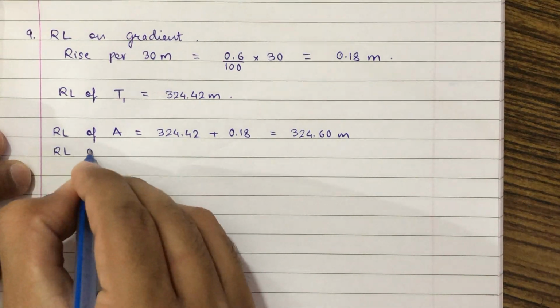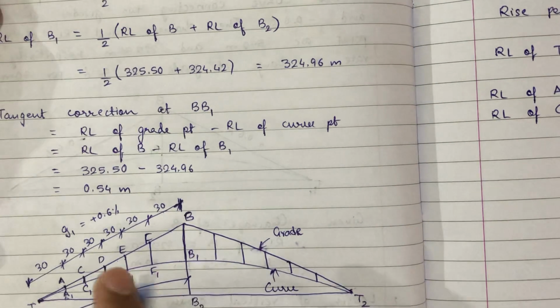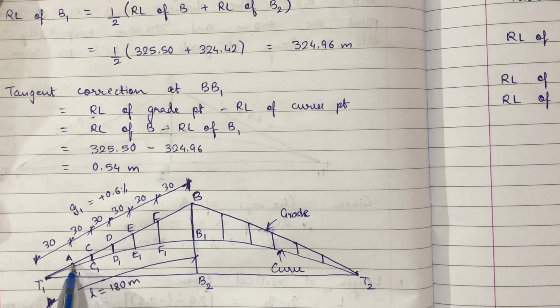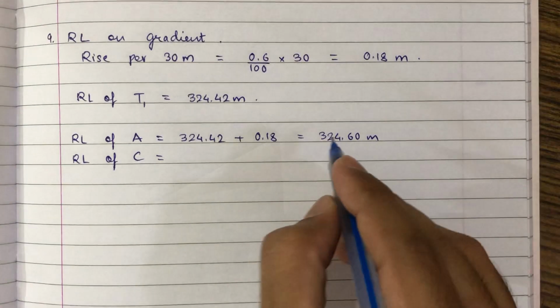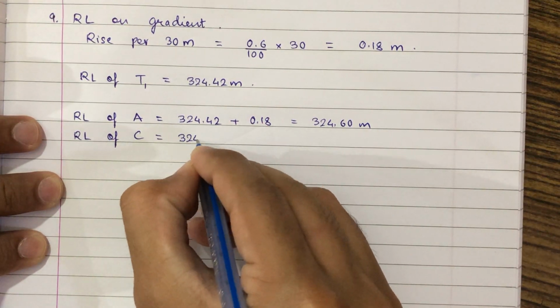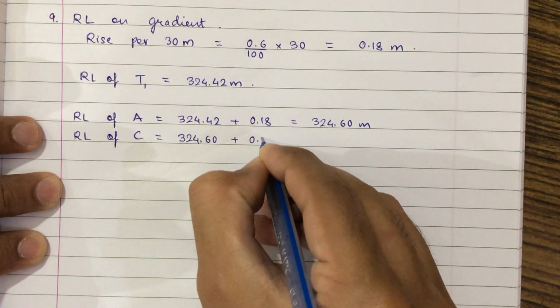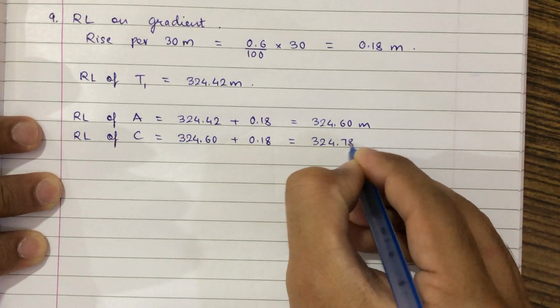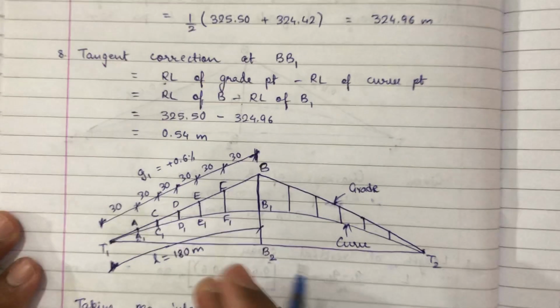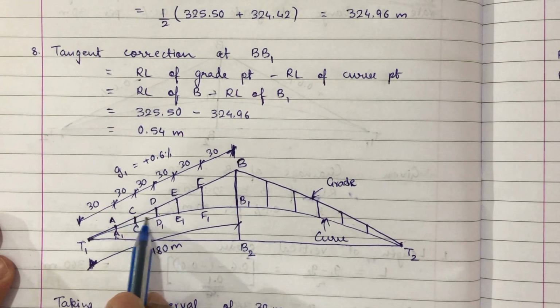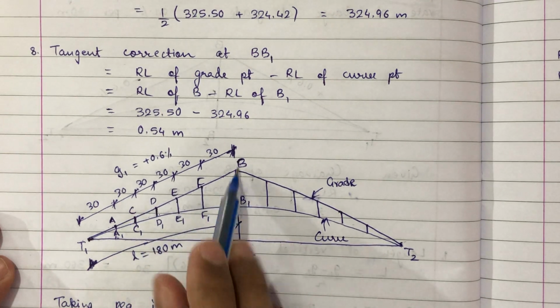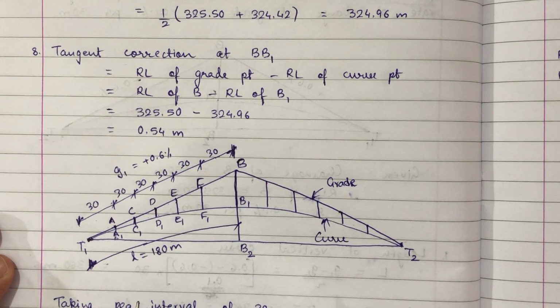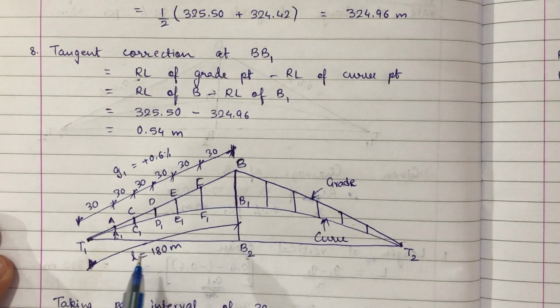Similarly, we need to find RL of this point C. RL of A we know. To this RL of A, if we rise it by 0.18 meter, we will get the RL of C. So this will be 324.60 plus 0.18, which comes out to 324.78 meter. Next, we need to find RL at D, but at every point we increase by 0.18 meter.